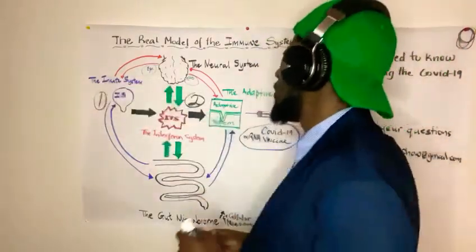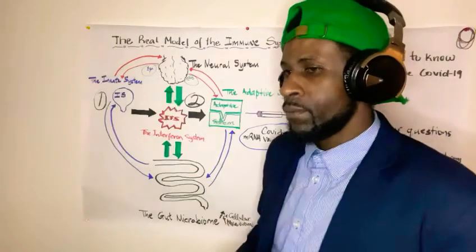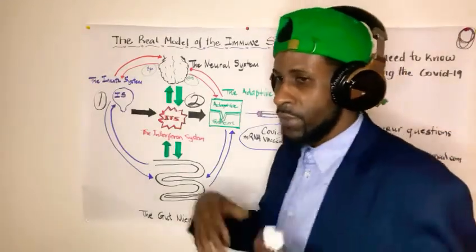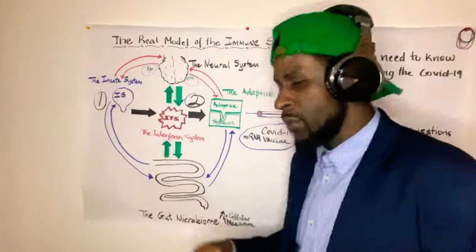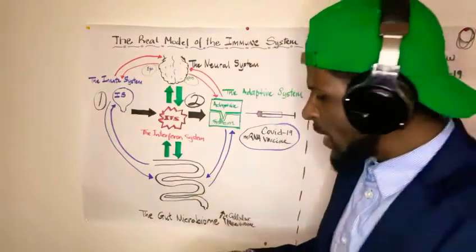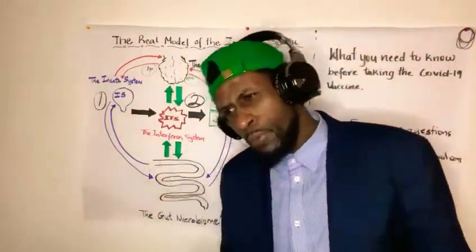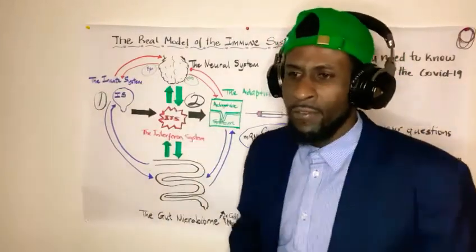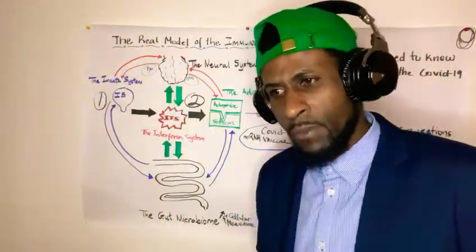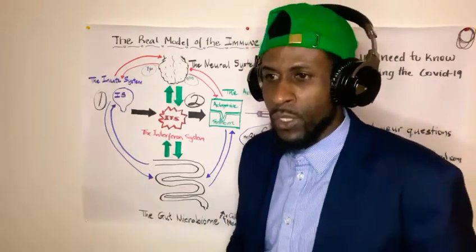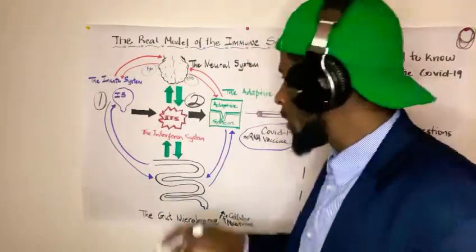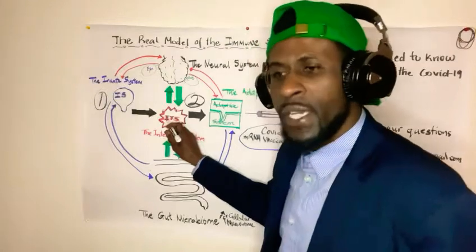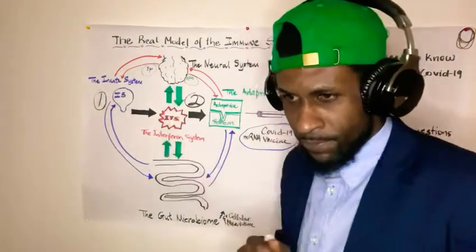But as I said, ever since the turn of the new millennium, more information came, and we realized, very importantly, that there's this missing piece from the immune system when we talk about immunity, and this is the interferon system.